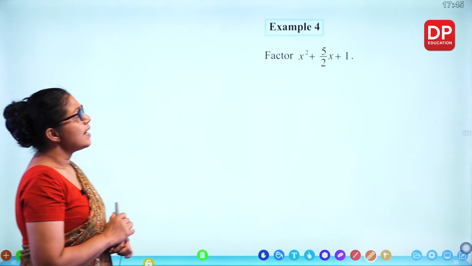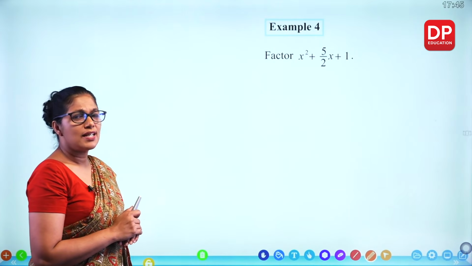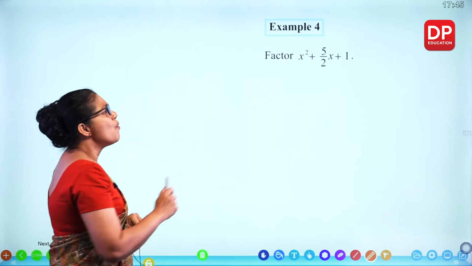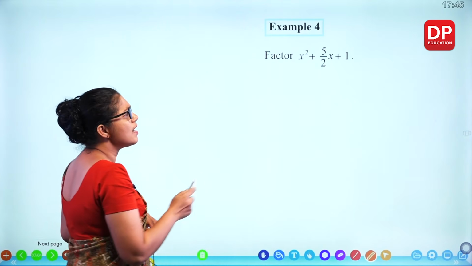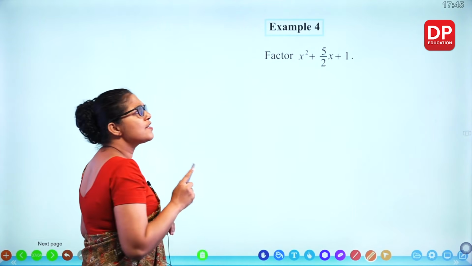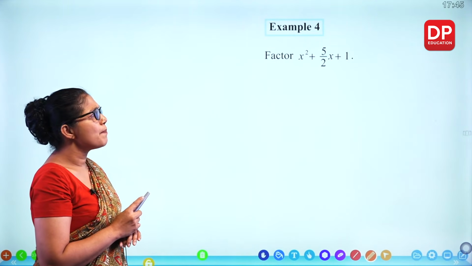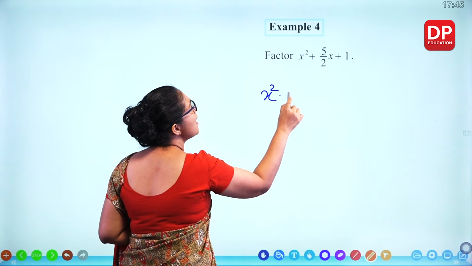Now we'll look at example number 4. So here there's a fraction. Earlier we got all whole numbers. Now we need to get rid of this fraction. So here, to get rid of this 2 in the denominator, we can multiply the whole expression by 2.